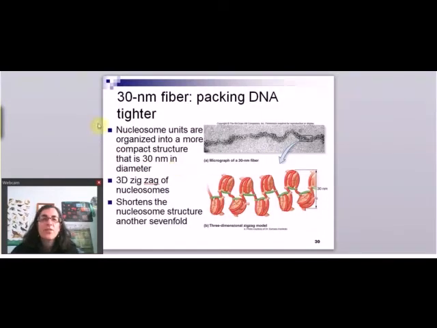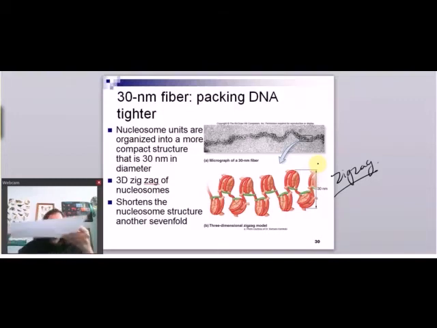The next step is for the nucleosomes to zigzag. So here's one nucleosome, here's another, and it's making a zigzag. The zigzag, by putting those up and down, makes it shorter. Imagine a piece of paper.